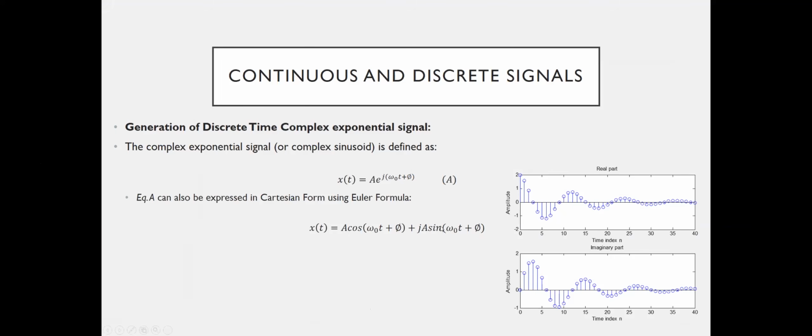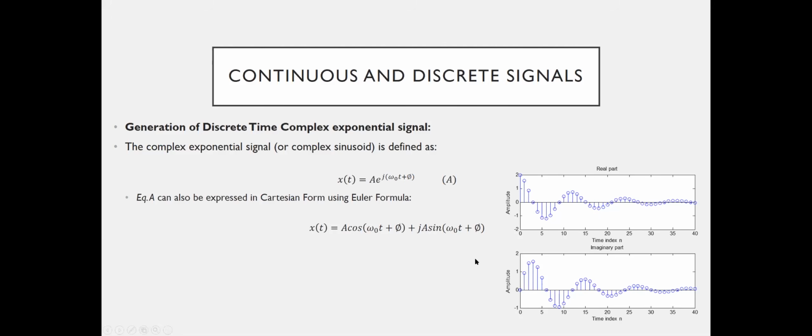We usually call it iota or j, and this one is called the real part. If you want to plot only this part, you have to use the real built-in function of MATLAB, and it will plot the real part of that signal. And if you want to plot the other part, that is the imaginary part, and this is the real part.